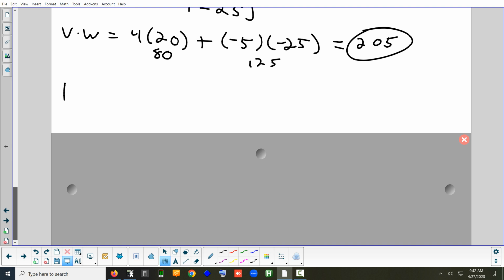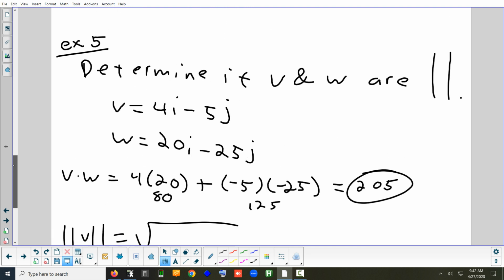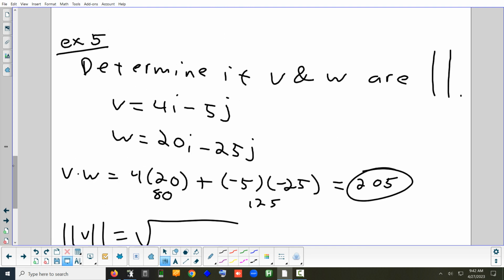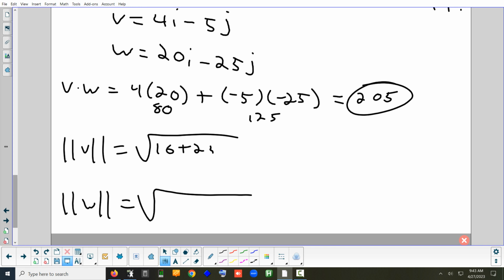All right, magnitude of V. Magnitude of W. Okay, so magnitude of V. 4 squared, -5 squared. So 16 plus 25.